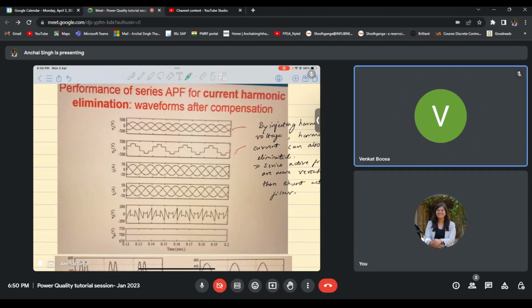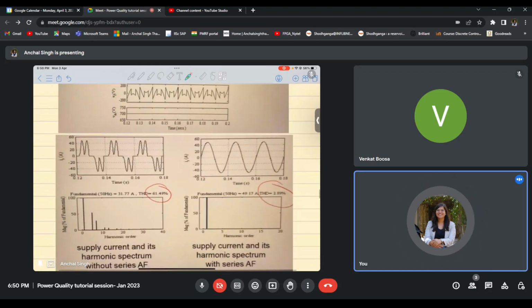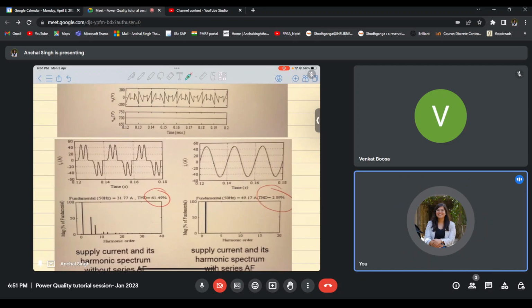Okay. So if you look at the current here, in order to compensate the current harmonics, initially the harmonics present in the current were 61%. Then using the active series filter, I was able to obtain a waveform with total harmonic distortion of approximately 3%. So we reduced the total harmonic distortion from 61% to approximately 3%.